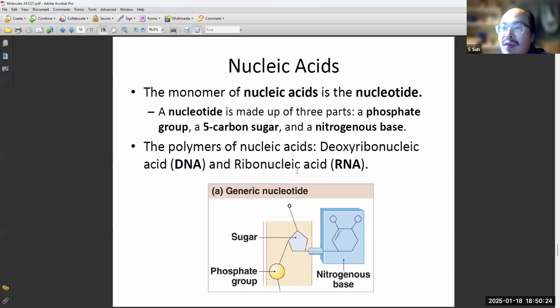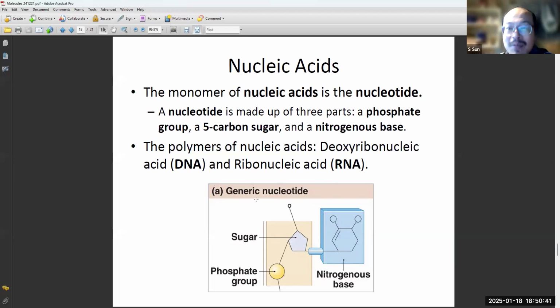So those are polymers. Then what is the monomer? This is the monomer. This is called a nucleotide. It's generic, a common structure, just like generic amino acids.